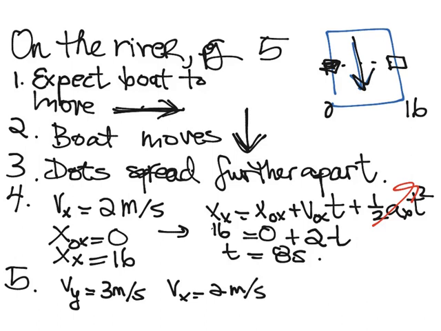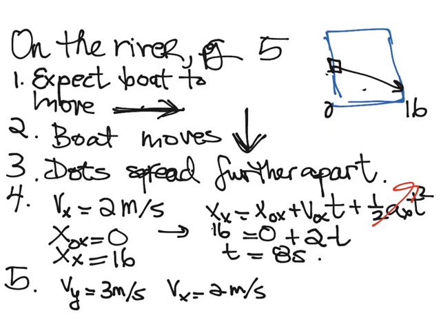What do I expect to see the boat do? Sketch a diagram. So what I expect to see, and I'm going to doctor my picture over here, is I basically expect to see the boat move at some sort of diagonal. Okay, so that was A.